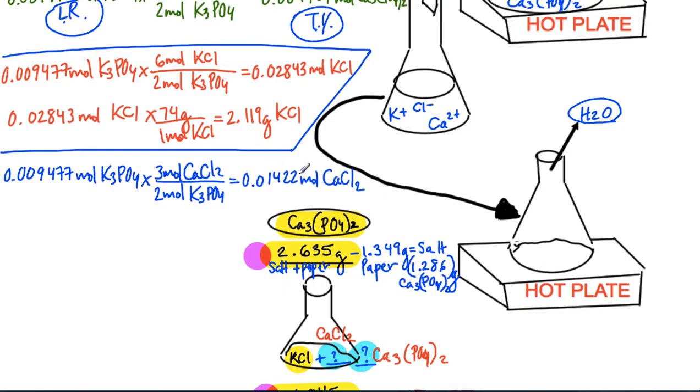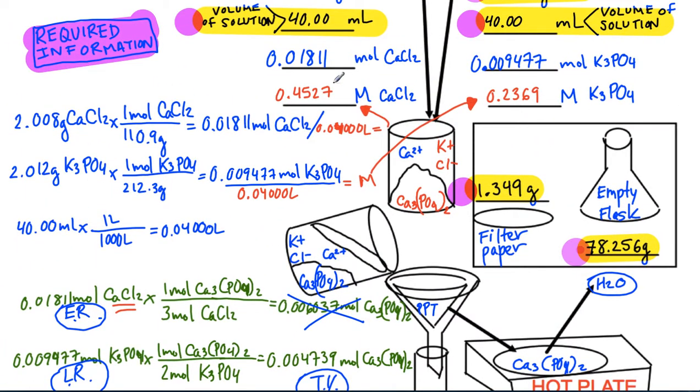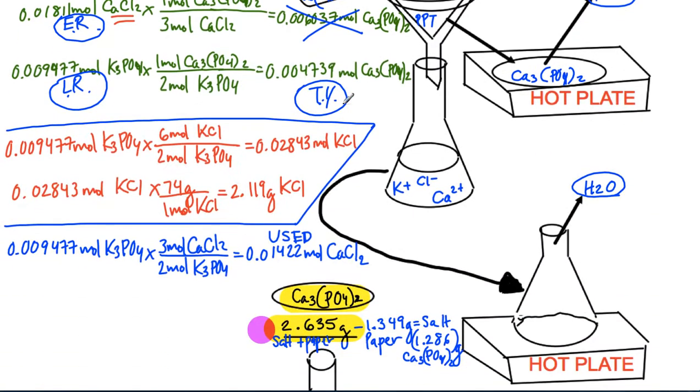Now that is, as we said before, how much we used. We've done this before in class on a lot of different problems. That's how much we used. Okay? Now how much were we given? Well, we already figured that out. It's right up here. We were given 0.01811. So we didn't actually have that much left over. So what we'd say is, given minus used.